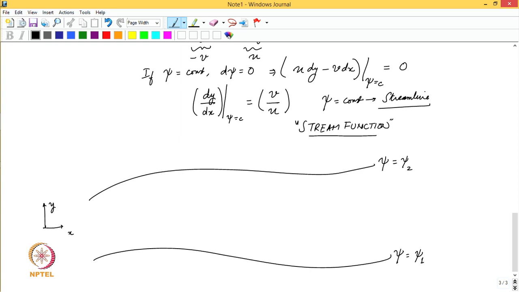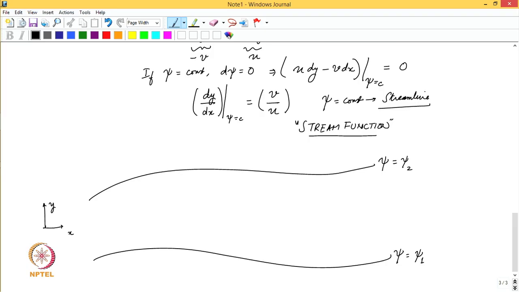Now, the question that I am going to pose is the following. I want to know the flow rate of the fluid flowing between these two streamlines. Note that we had said in the previous lecture, the dot product of the velocity field with the normal vector on a streamline is 0. So, that means that there must be no mass flow rate across a streamline. So, between these two streamlines there must be some fluid that is flowing, and we want to quantify how much.